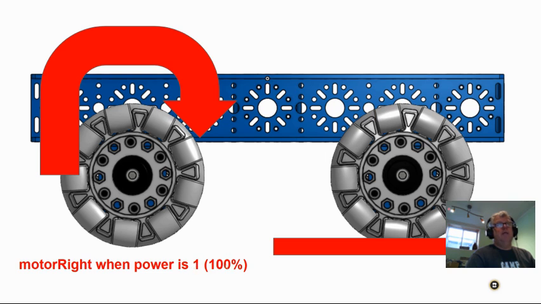So a 1 is the highest number, that's 100%, so full power. 0 is no power at all, and -1 is full power but in the opposite direction. So you can control your speed. You could set 0.5, for example, to go at 50% power, or -0.5 to go 50% power the opposite direction.